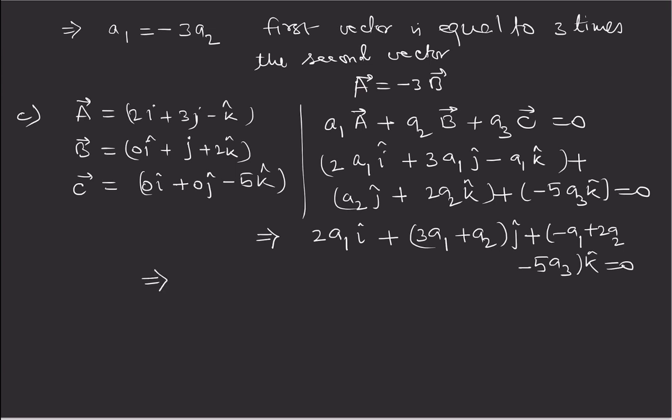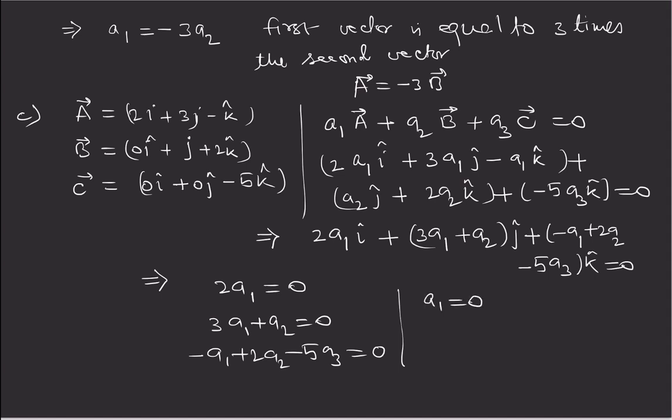Therefore, we can write this as 2A1 is equal to 0, 3A1 plus A2 is equal to 0, and minus A1 plus 2A2 minus 5A3 is equal to 0. The solution of this system gives A1 is equal to 0, A2 is equal to 0, and A3 is also equal to 0. That is, the given three-vector set is linearly independent.